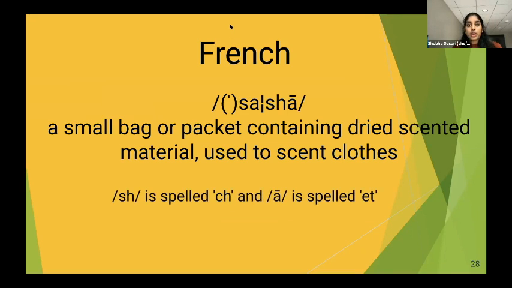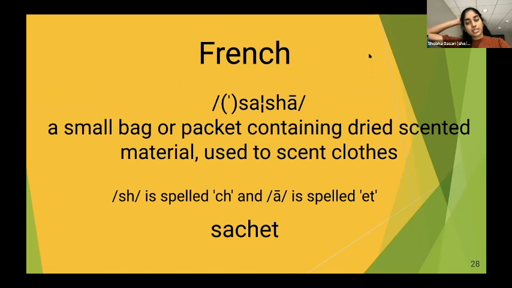All right, and the language pattern hints we have are that the sh sound is spelled with a CH in French, and then the A sound is spelled with an ET in French, in this particular case. Again, like we said, lots of different ways to spell that sound, but for this word, it's spelled with an ET. So the spelling is SACHET for sachet.